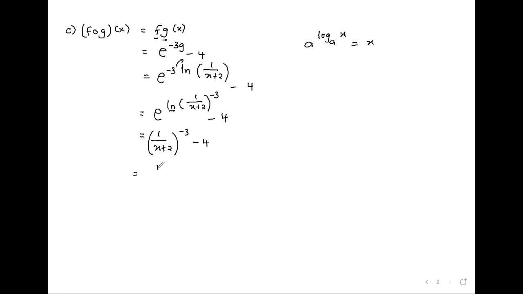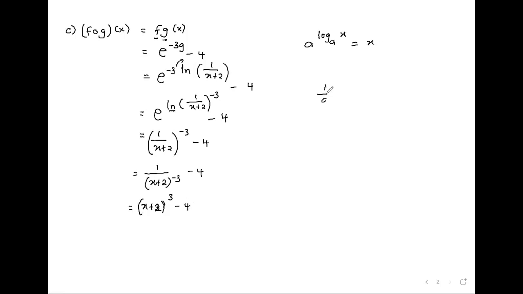But this is 1/(x+2) to the power -3 -4. Well, which is the same thing as (x+2) to the power 3 -4. Why have we said power 3 when it was negative down?